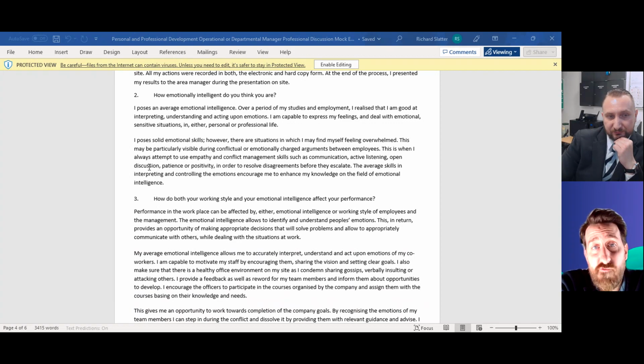So that's a really good example of you being able to identify your understanding of emotional intelligence and how it benefits you in positive ways, but also you've identified areas which you still find quite challenging, and using different techniques like active listening, collaboration techniques as well, conflict management, open discussion, and patience and positivity to resolve disagreements before they escalate.